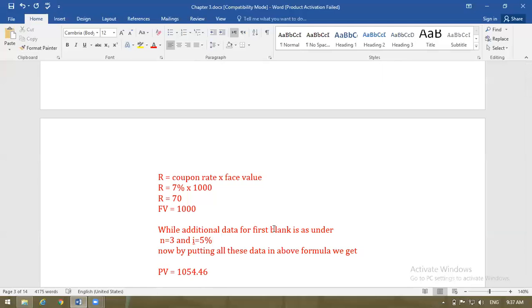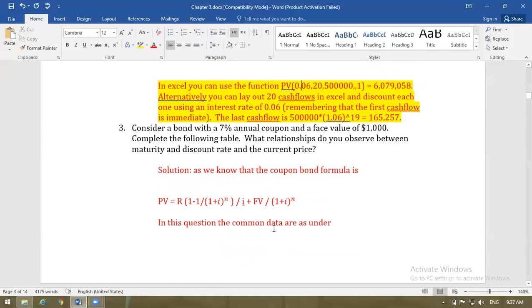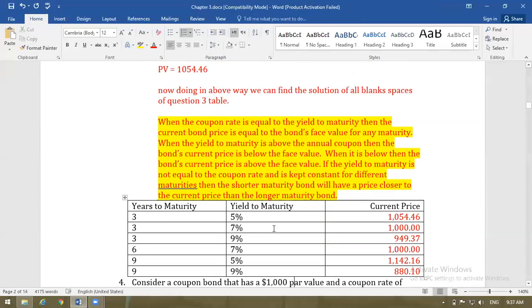Now by putting all these data in the above formula, we can easily get present value is equal to 1054.46, which is found for this first row. In the question, coupon payment 70 and future value 1000 are given, and the additional information is number of years 3 and interest rate 5%.